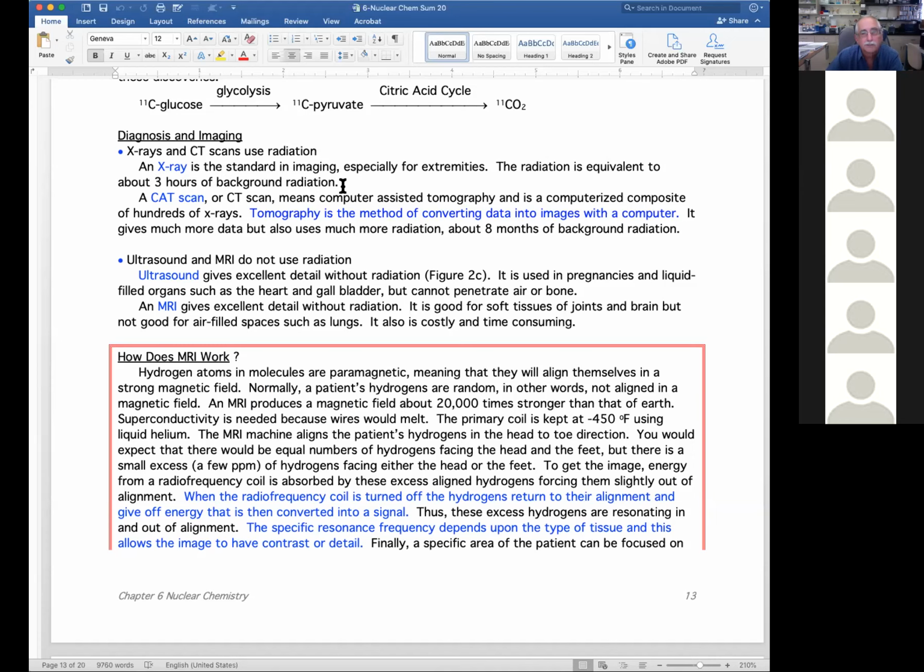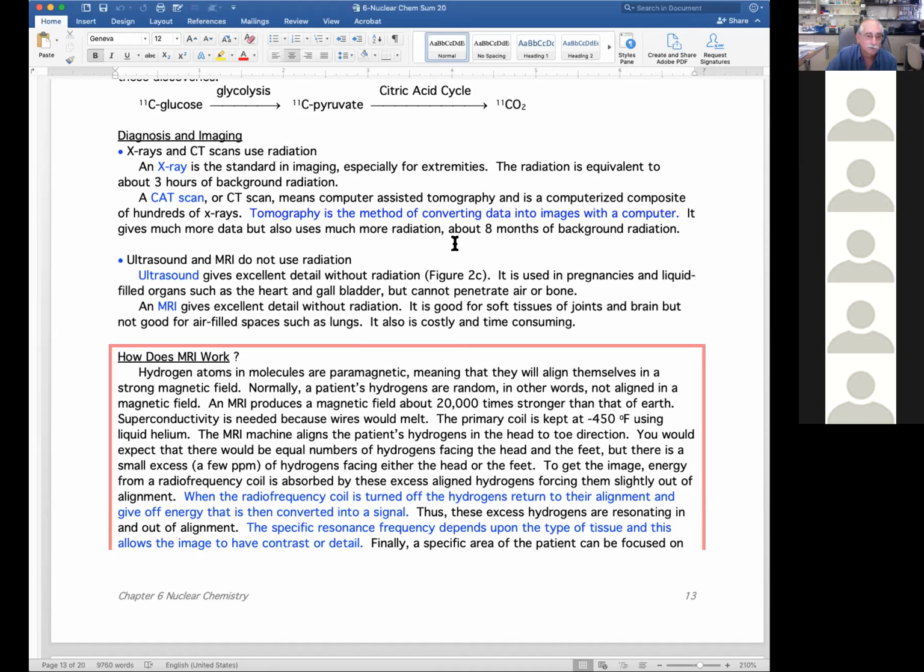A CAT scan, or CT scan, means computer-assisted tomography. Tomography is simply the method of converting data into images with a computer. So a CAT scan gives you much more data, but it uses more radiation.